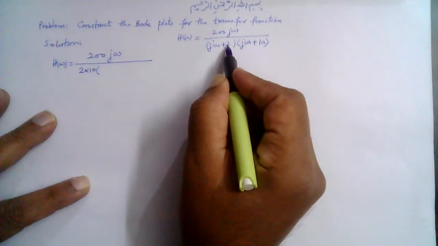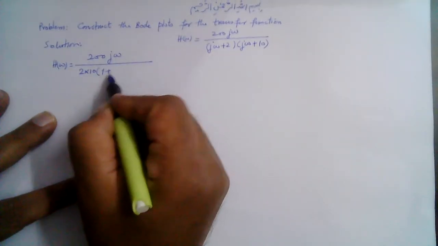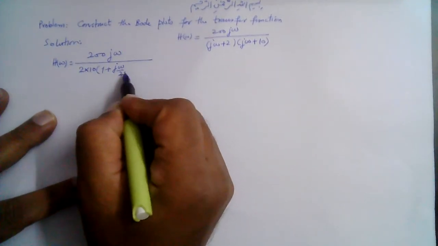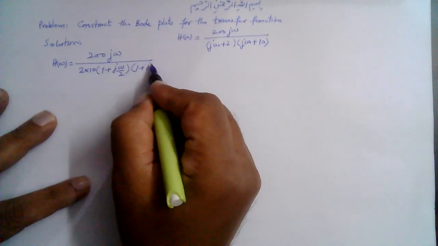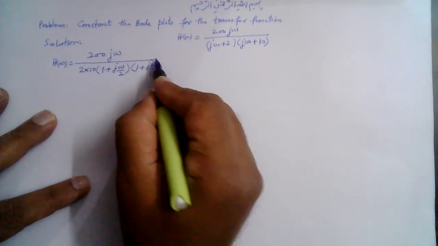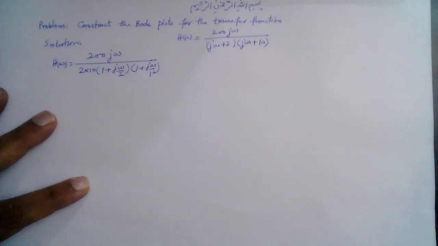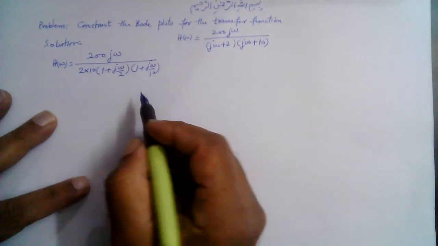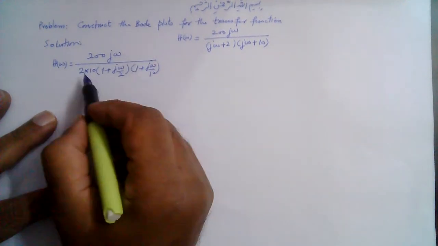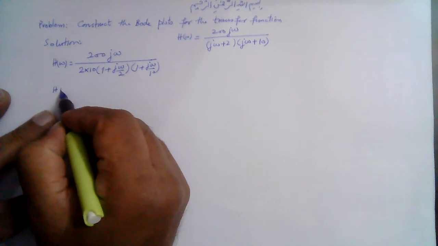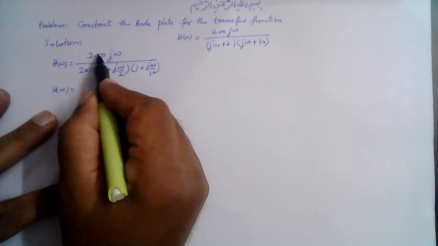So this will become 1 plus j omega over 2, and this will become 1 plus j omega over 10. Now these are in the standard form, but this constant term is then 20.